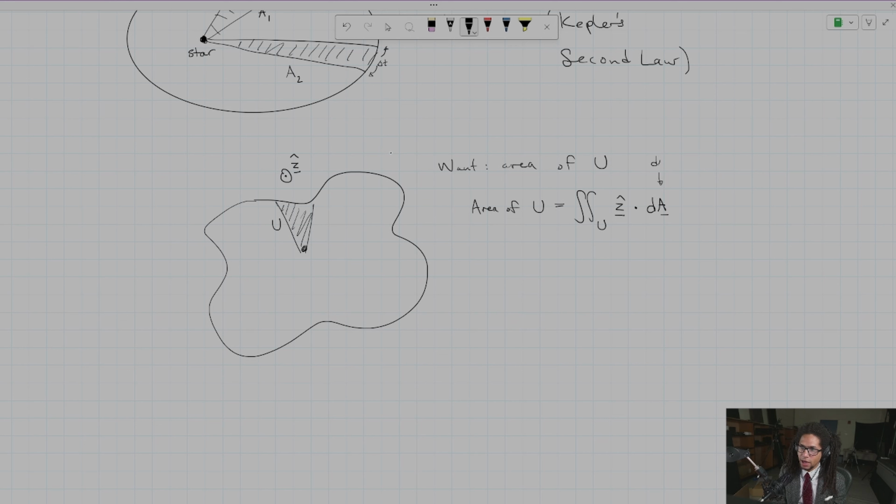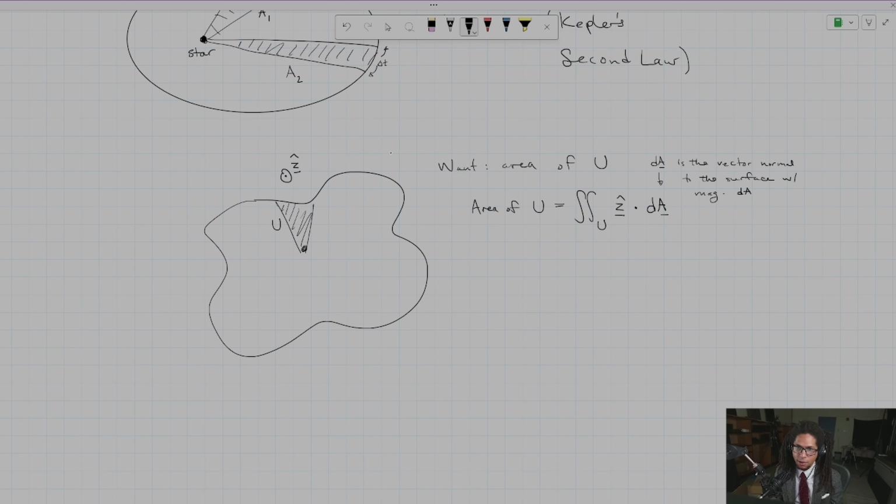Recall that dA vector is the vector normal to the surface with magnitude dA scalar. And dA scalar is a thing such that when you integrate it over a region, you get back the area of the region.